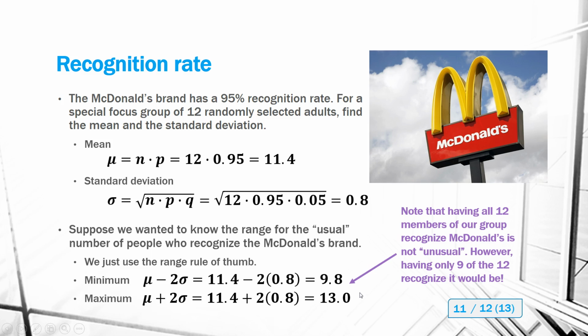However, if we choose, say, a lower number, we wouldn't expect only 9 of 12 randomly selected adults to recognize McDonald's because the recognition rate is almost 100%. So 9 falls out of the usual value range, and is therefore an unusual value.